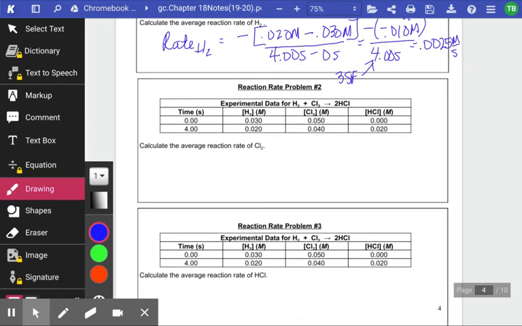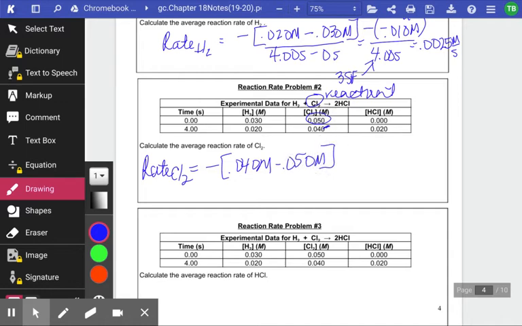The next problem that we're going to look at is chlorine. So we're going to calculate the reaction rate of chlorine. Now notice chlorine is also a reactant, which means we are going to include the negative value here again. For chlorine, its final concentration is 0.040 molar minus its initial concentration of 0.050 molar over your change in time, which is 4.00 seconds minus the 0 seconds again.